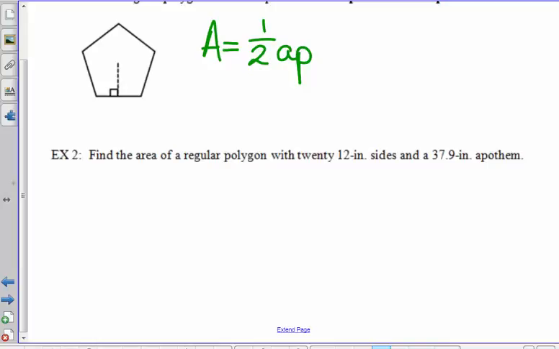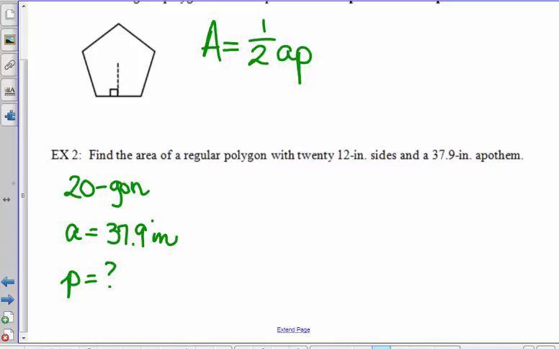First of all, this is a 20-gon. I know that the apothem is 37.9 inches. I don't know what the perimeter is, but I could probably find it. The perimeter is the sum of the sides. It has 20 sides, and each one of them is 12 inches. So I know the perimeter is 240 inches.